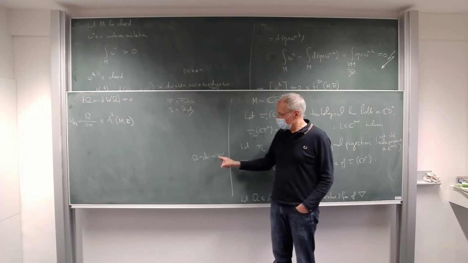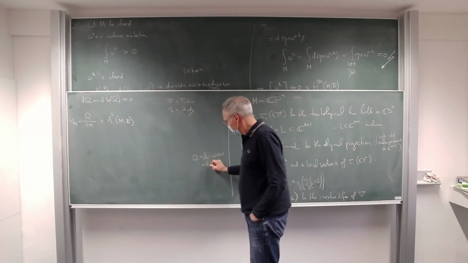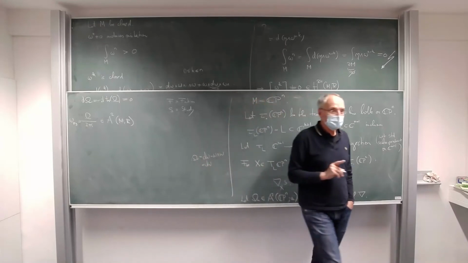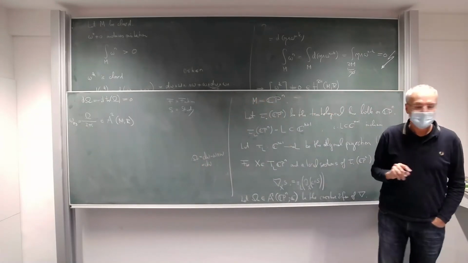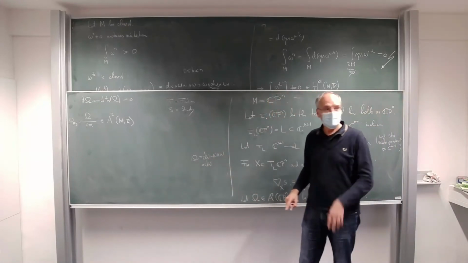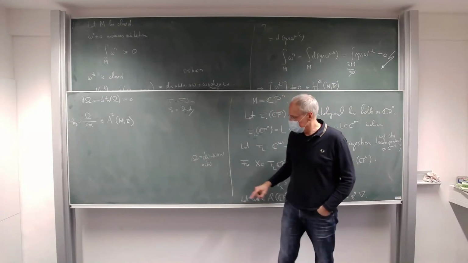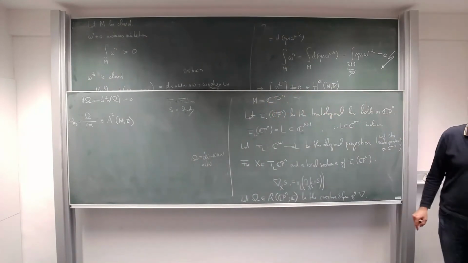So if you wedge it with itself, this is 0 anyway. So in the rank 1 case, curvature depends linearly on the connection in this sense. This quadratic term disappears. And similarly for the Bianchi identity, this just tells you that d omega is 0.